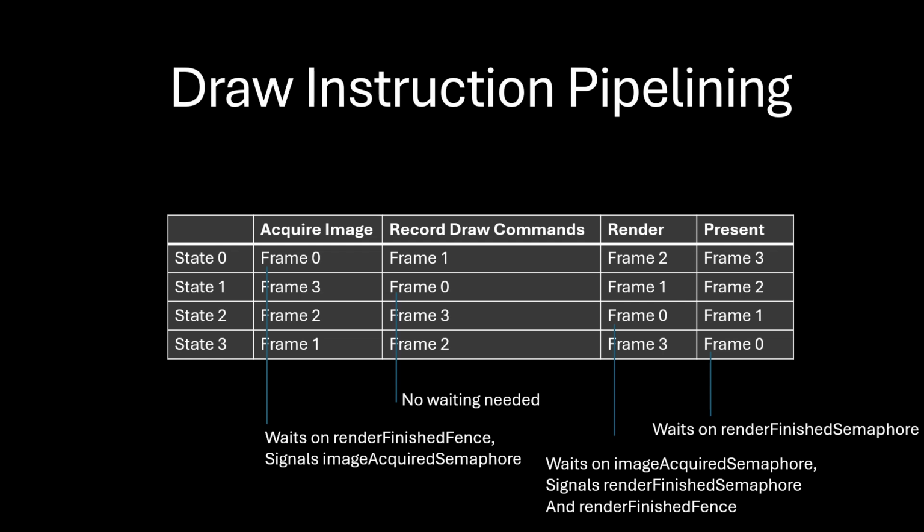Also probably a good point at which to note that as part of setting this up, by the way, this is not one of those code it step-by-step videos. This is one of those explaining how it works videos. But when I was coding this up, I took the image and image view out of the frame and put them into the swap chain. So I've got the swap chain and the frame independent of each other.